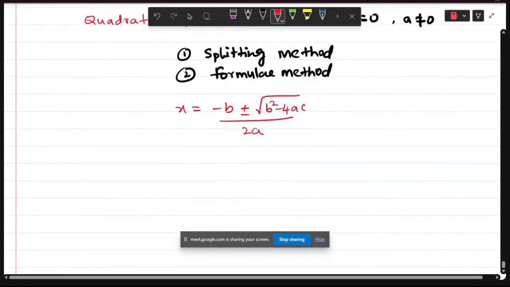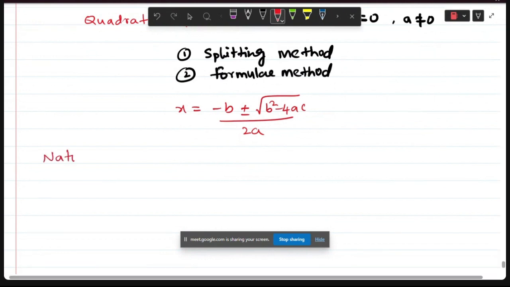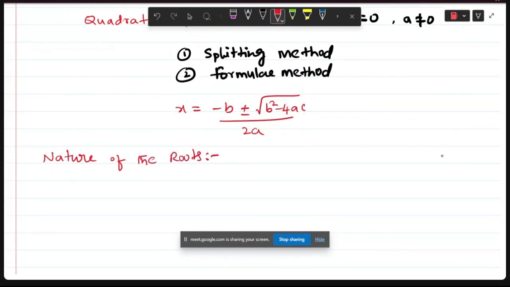Here we discuss the nature of the roots. Two roots are there, because the degree is 2, which means only two roots. What is the nature of the roots?